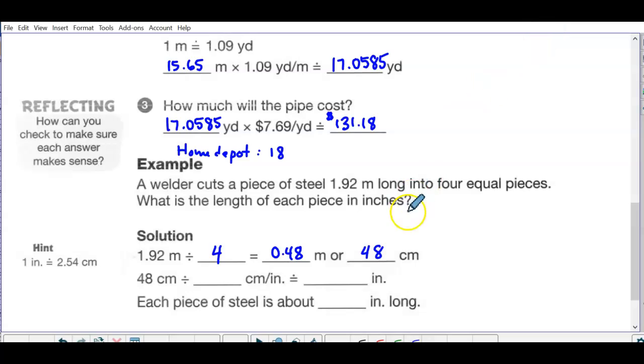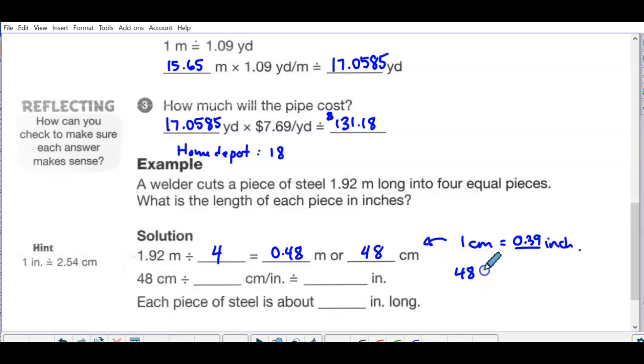Now take a look at what they've done here. So they've given you the other conversion. Really what I would like to look for is what 1 centimeter is in inches, and then multiply. What they've done is done the other conversion and divided, which is totally fine, but just be aware that that's why it's dividing. So if we look for this in your conversion chart, you'll see that it's 0.39 inches. So I'm going to do my work over here.